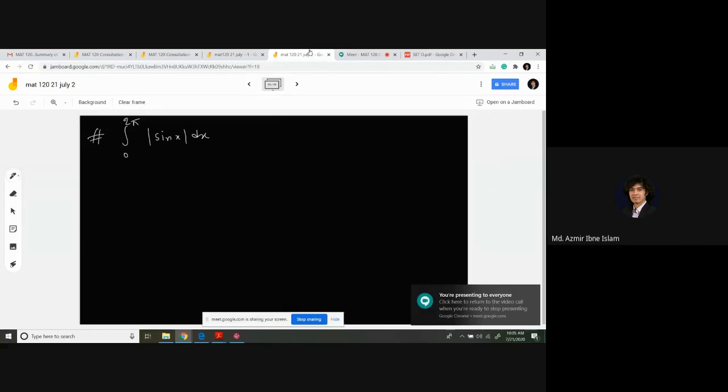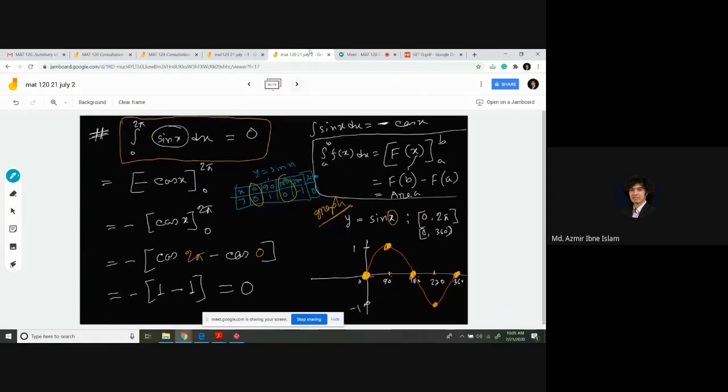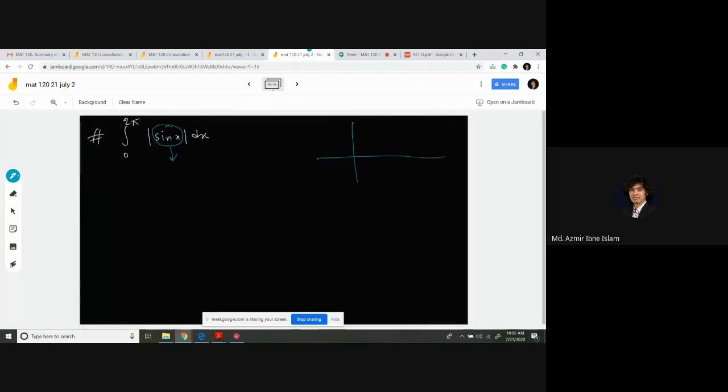According to that concept, we have to draw this function. We have already done the same thing here, from 0 to 360 degrees. We have drawn this function y equal to sine x. Clear? Yes, sir.